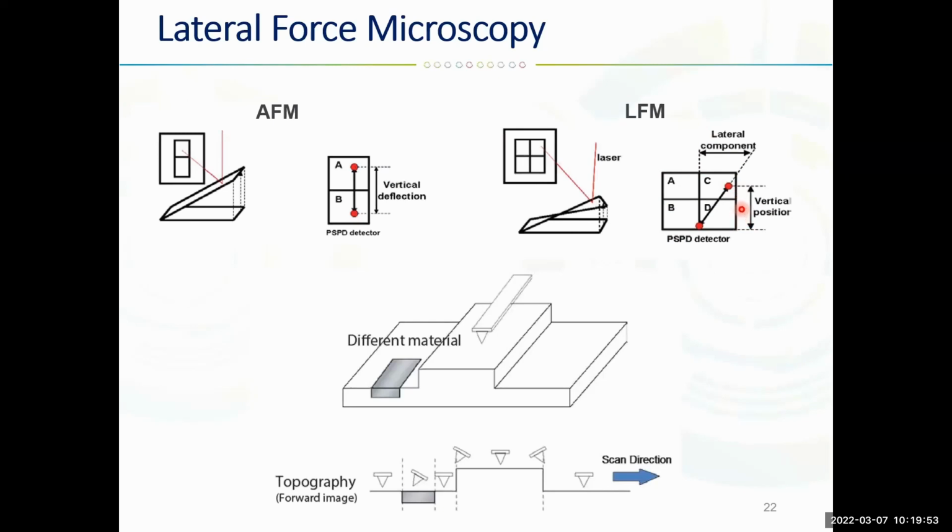So the factors that determine the magnitude of this deflection will include the frictional coefficient, the topography of the sample, and also the direction of cantilever movement. And here on the bottom, you can see another schematic illustration of the movement of the probe.